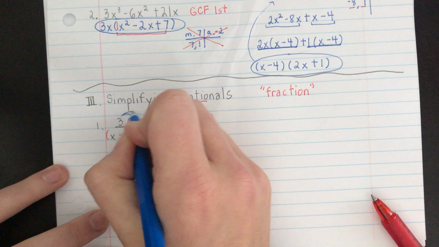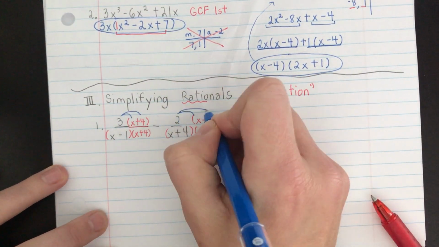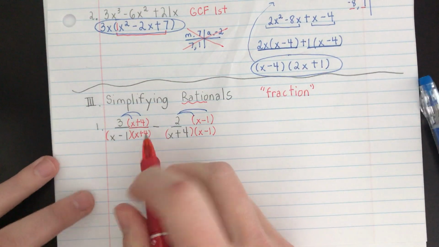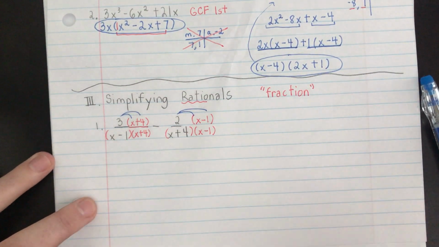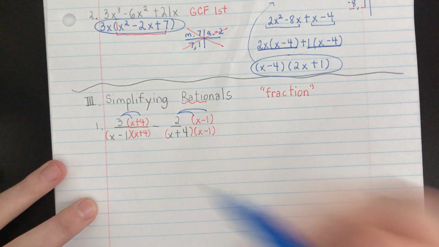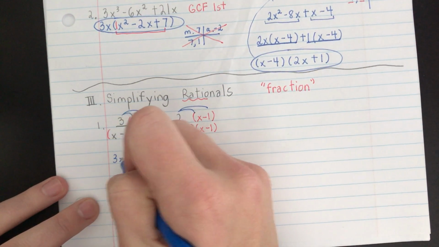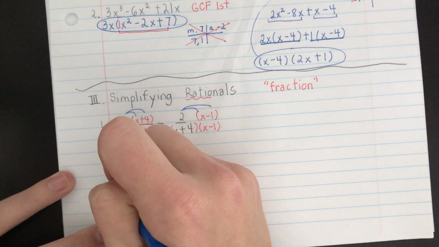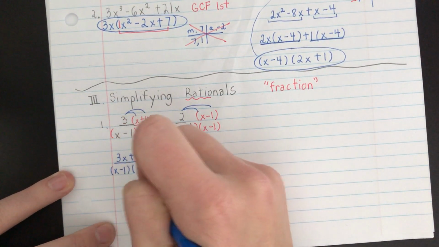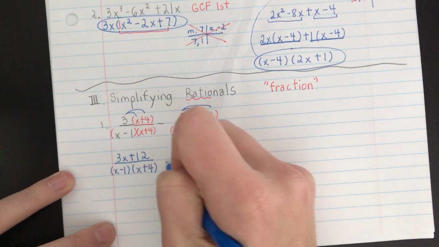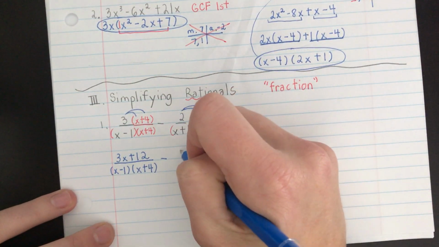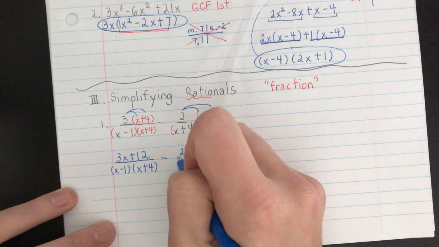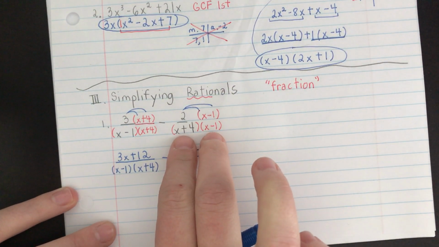So of course on the top you're going to distribute. On the bottom you're going to keep factored. So always remember that. Top you're going to distribute in, bottom you're going to keep factored. So this would be 3x plus 12 over x minus 1, x plus 4, minus 2x minus 2 over x plus 4, x minus 1.